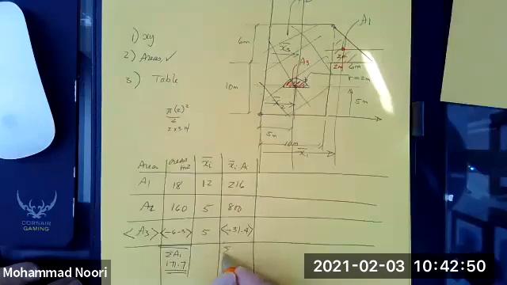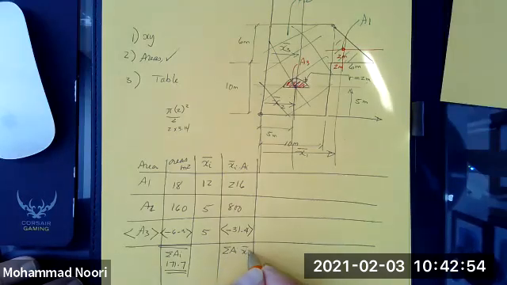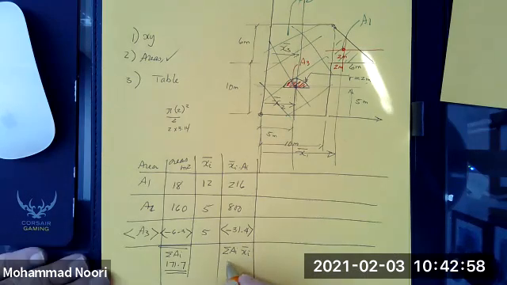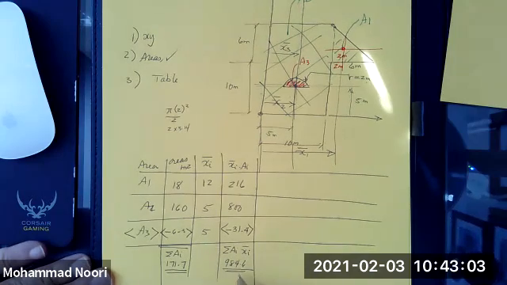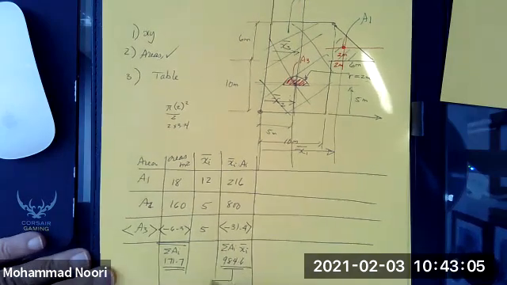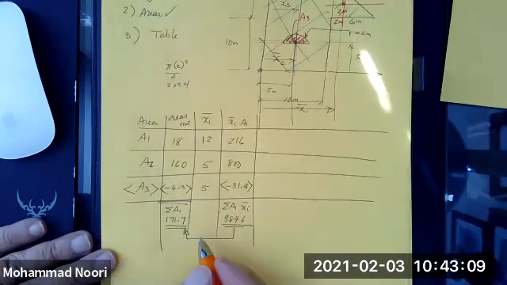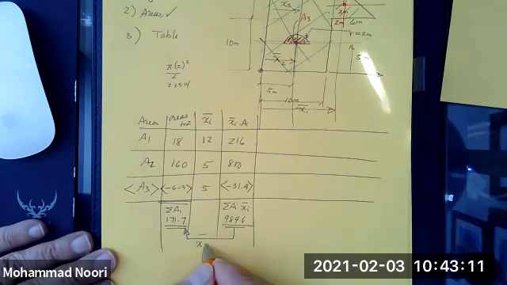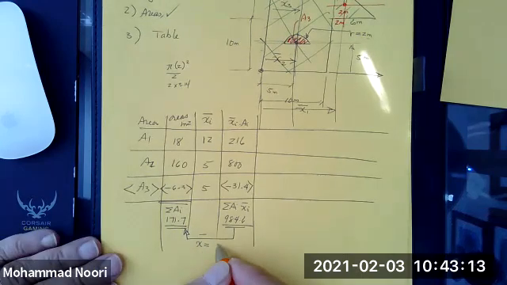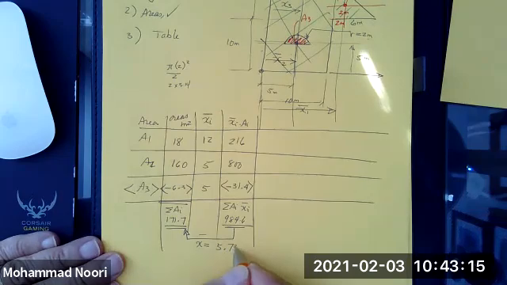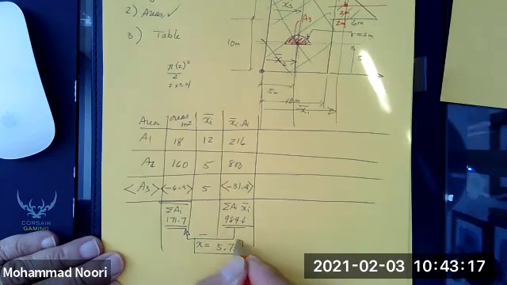If you add these up, that is sigma ai xi bar, which will give you the value of 984.6. So if you divide this value by that value, you get X bar, which is going to be 5.73.